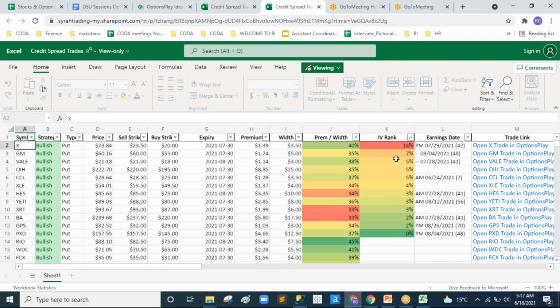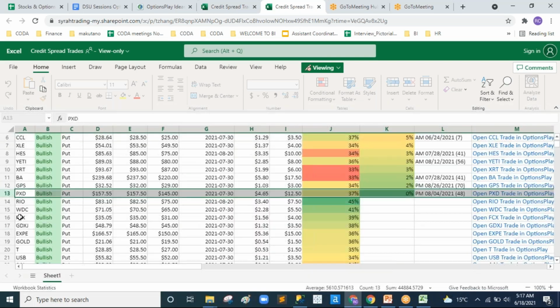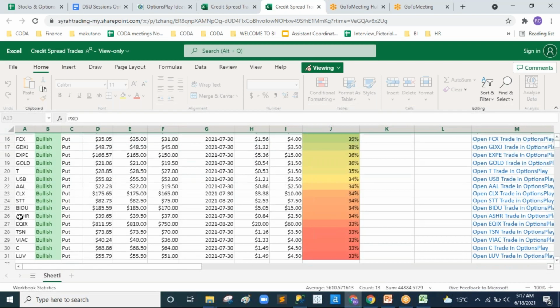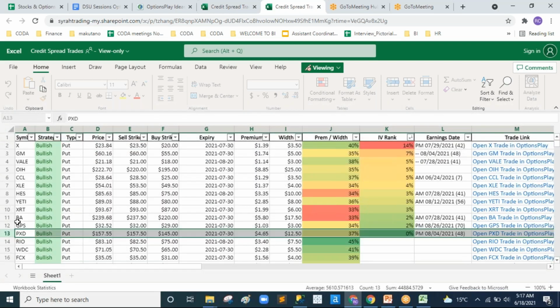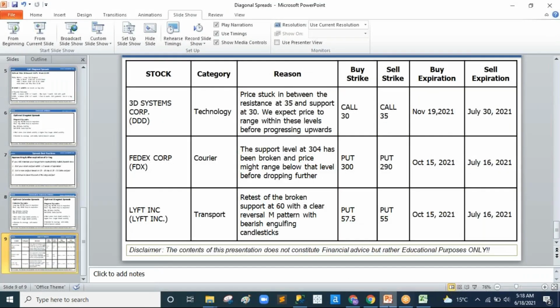This is quite high. Those are the prices. Let's say something like this, GPS. Let's just see how it is behaving.